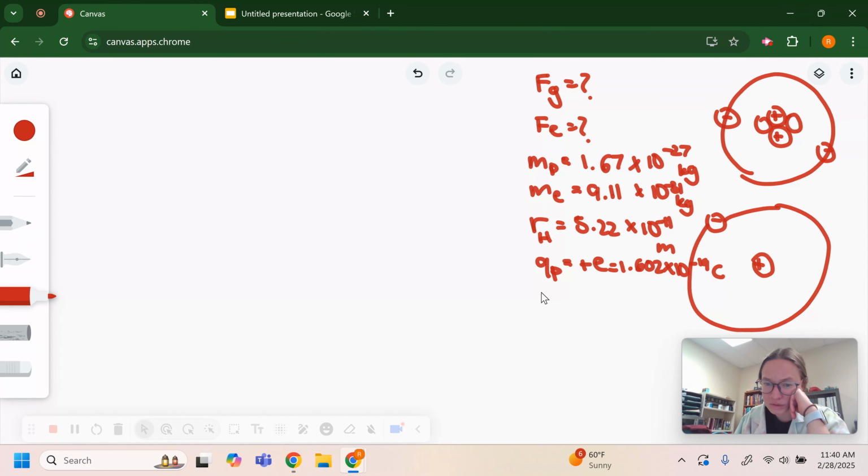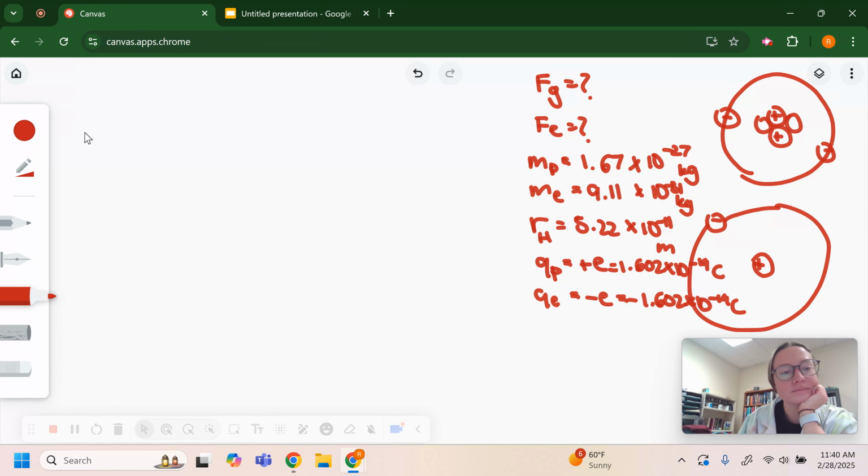The charge on an electron is just equal to negative e, which is equal to negative 1.602 times 10 to the negative 19th coulombs. And I do believe that's all that you would need to know.